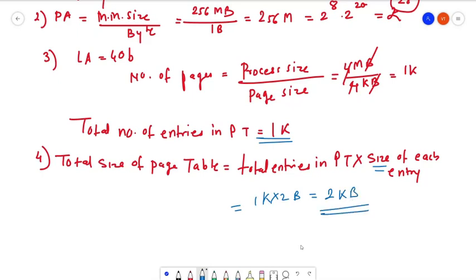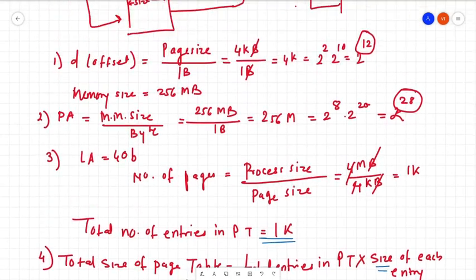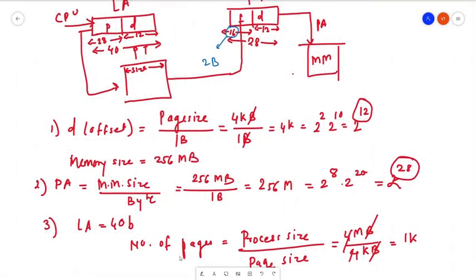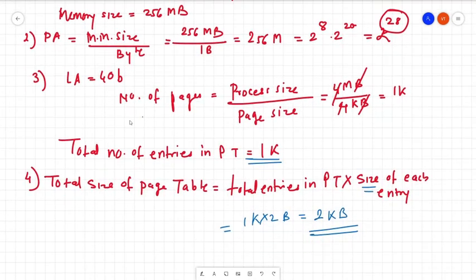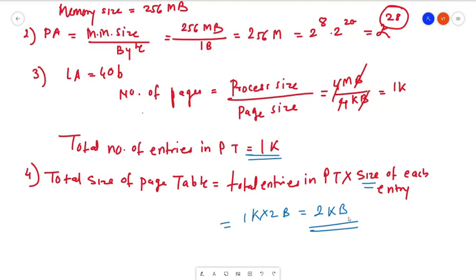So what is the size here? Here you can write this, 2 B. The size of the page table is how much? 2 KB. Okay, this is how you can solve the problem.